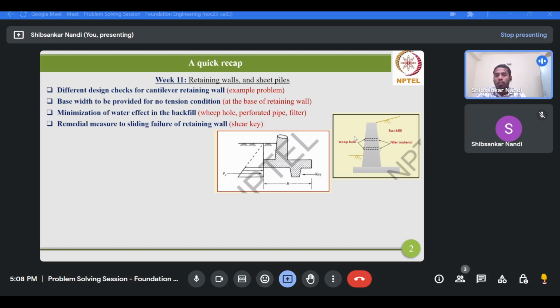Okay, so we should always try to minimize the water effect through these techniques, like perforated pipe, filter, and so on.